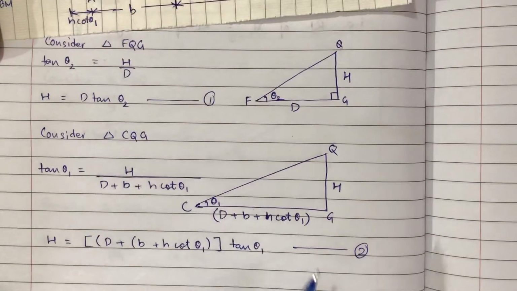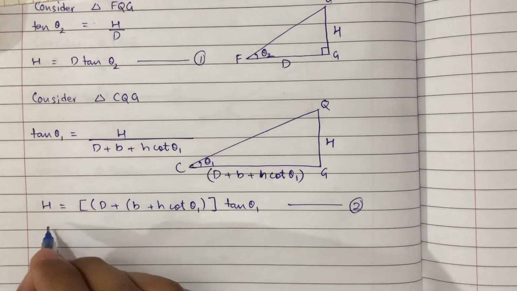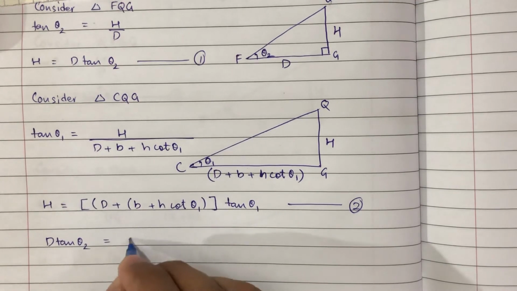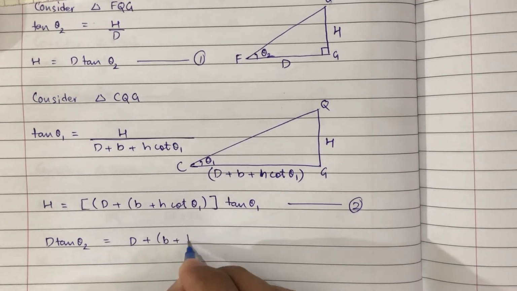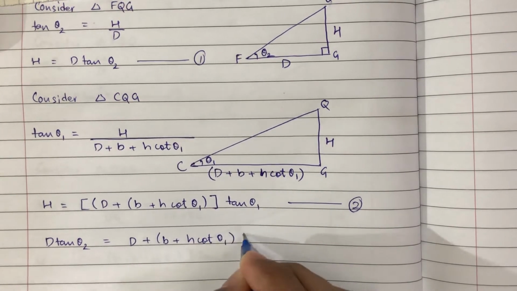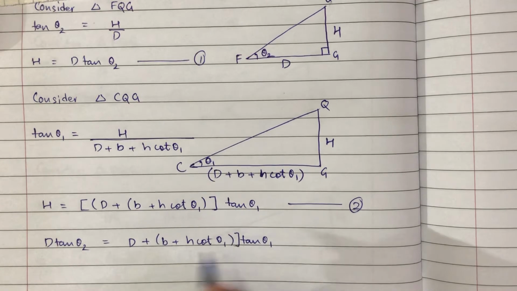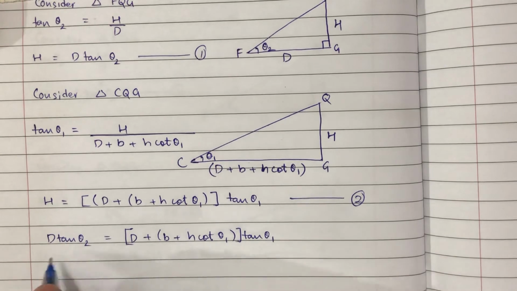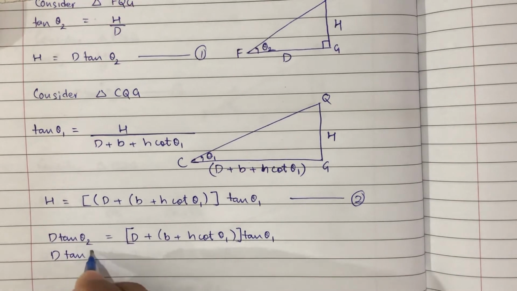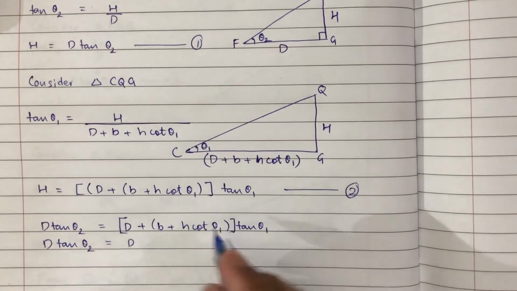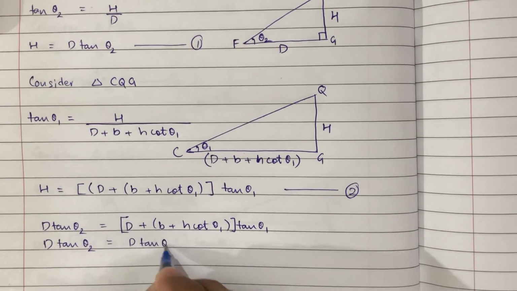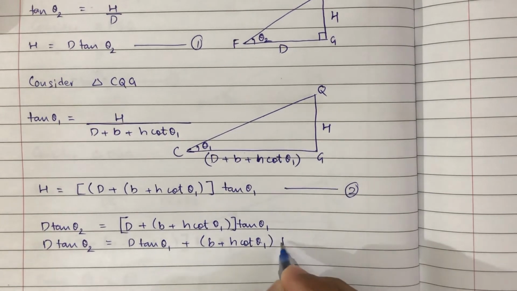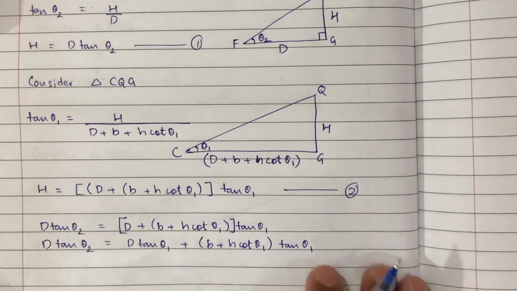So from 1 and 2, what we get? We get the equation d tan theta 2 is equal to d plus b plus h cot theta 1 into tan theta 1. Now if we open the bracket, this will become d tan theta 2 is equal to d tan theta 1 plus b plus h cot theta 1 into tan theta 1.